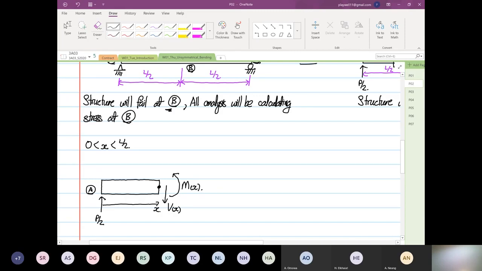Now, anyone have any idea why that direction? Why at distance X, the shear force is going down and the bending moment is going anti-clockwise? Isn't it supposed to be the reaction to the force applied? That's why it's downwards, because P over 2 is upwards.